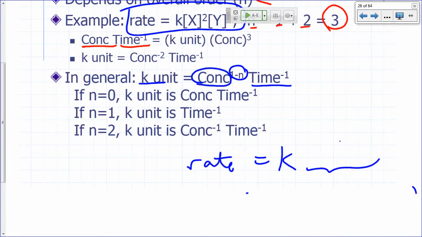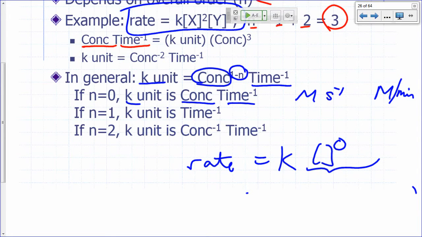There are no concentration units here because it's raised to the power 0. So k will have the same unit as rate, so it's concentration per unit time. So moles per liter per second, for example, or moles per liter per minute. That would be the unit for your rate constant.